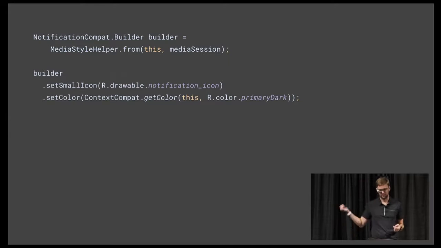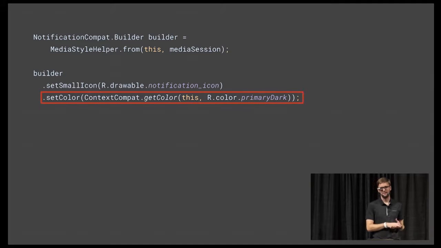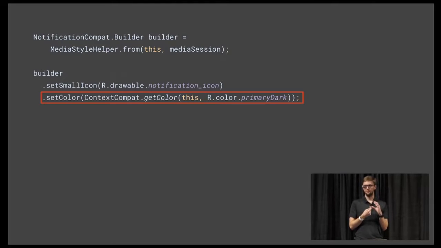In fact, when we create it from our notification, we'll want to set the small icon, right, that appears on the top, and then set the color. Now, color works a little bit differently from media style notifications. If you've ever seen a notification on 5.0 Plus, the small icon, the app icon, can be colorized in the background. You'll see a lot of Google apps do this.